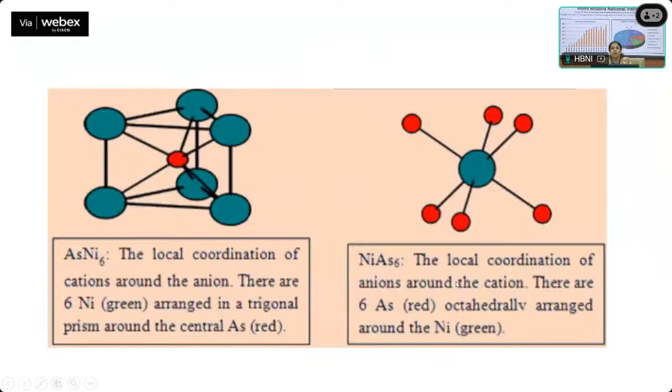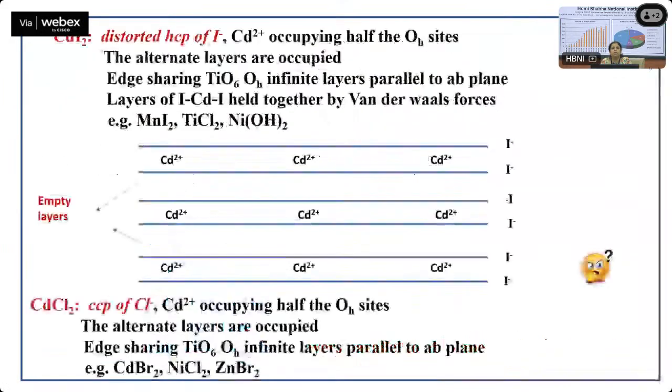So what does it look like? It looks like a layered structure. So we'll have edge sharing CdI6 octahedra infinitely layered parallel to the AB plane because of the way cadmium is filling the octahedral holes. And then these individual layers are held together by the van der Waals forces.